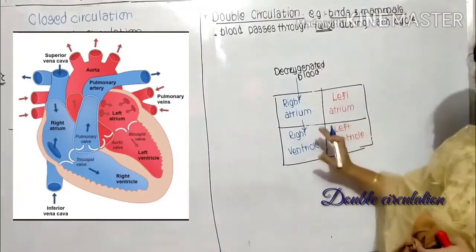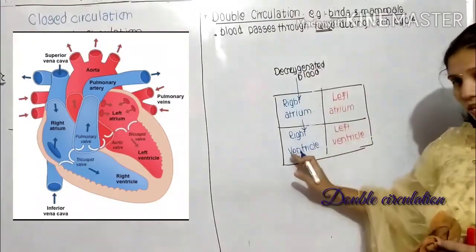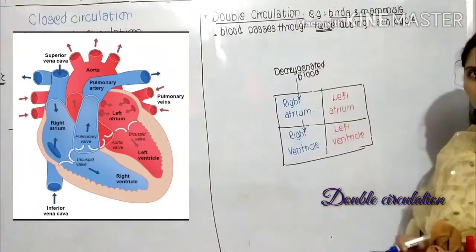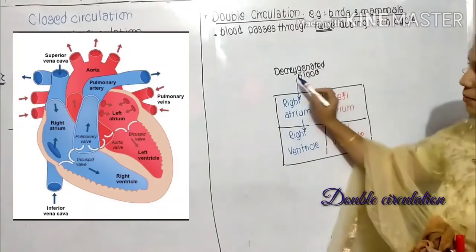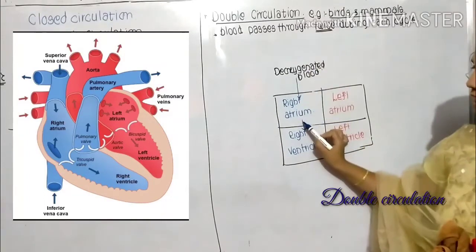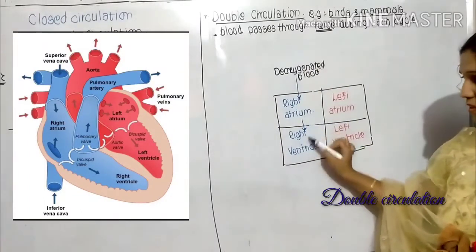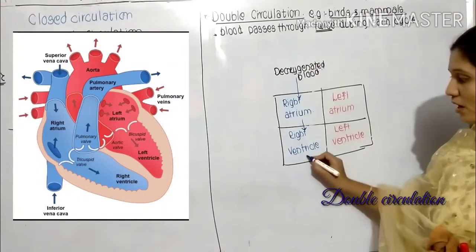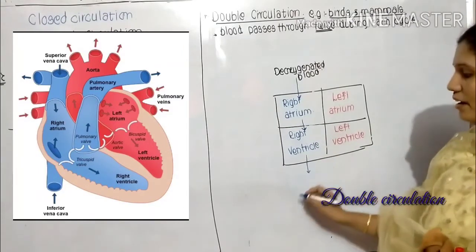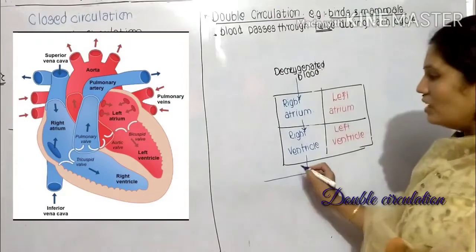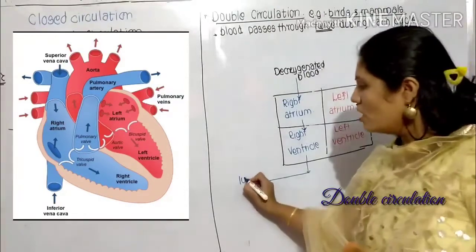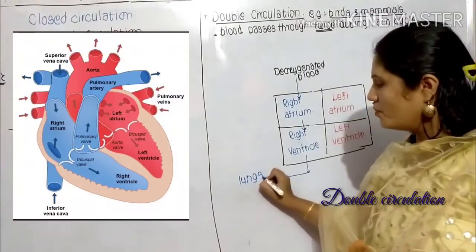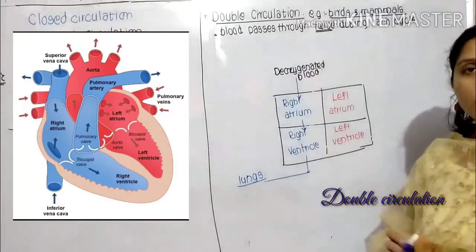Afterward, in one of the topics, I'll explain to you in detail how it moves, and what walls are involved in this. But remember this: deoxygenated blood enters into the right atrium, then it enters into the right ventricle. Through this right ventricle, this blood enters into the lungs. Why does it enter into the lungs?